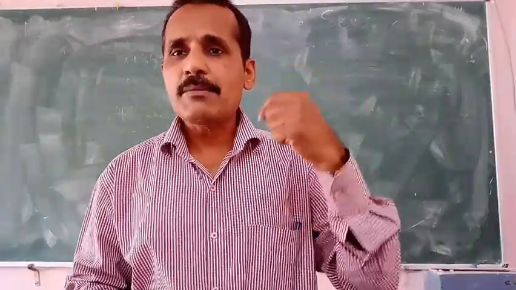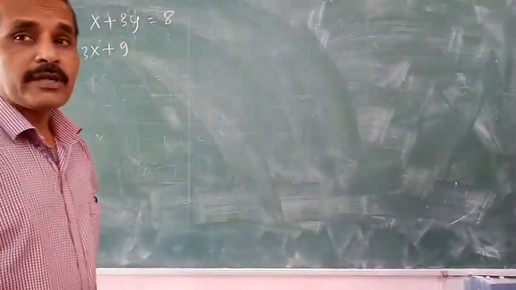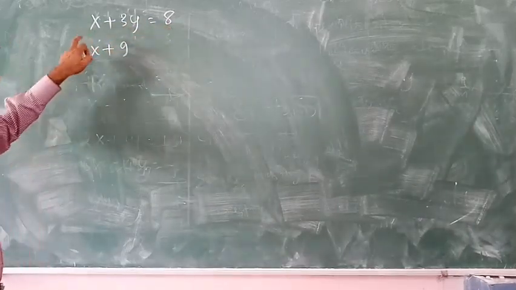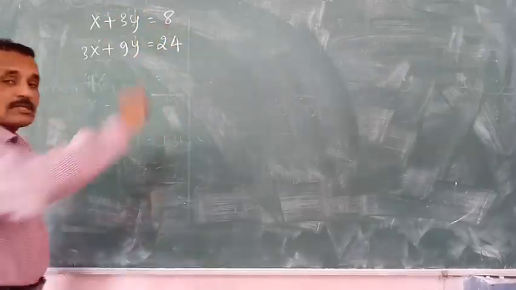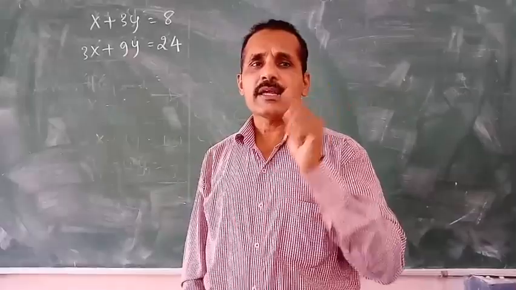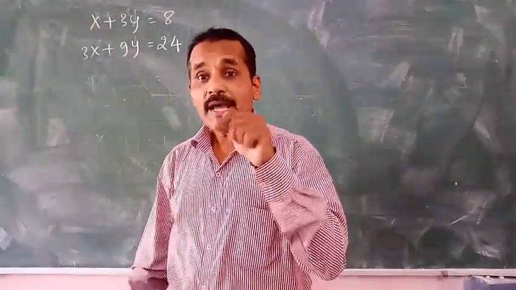For example, x plus 3y equals 8 and 3x plus 9y equals 24 is an example where we get coinciding lines. You can check it later. But why is it a coinciding line?